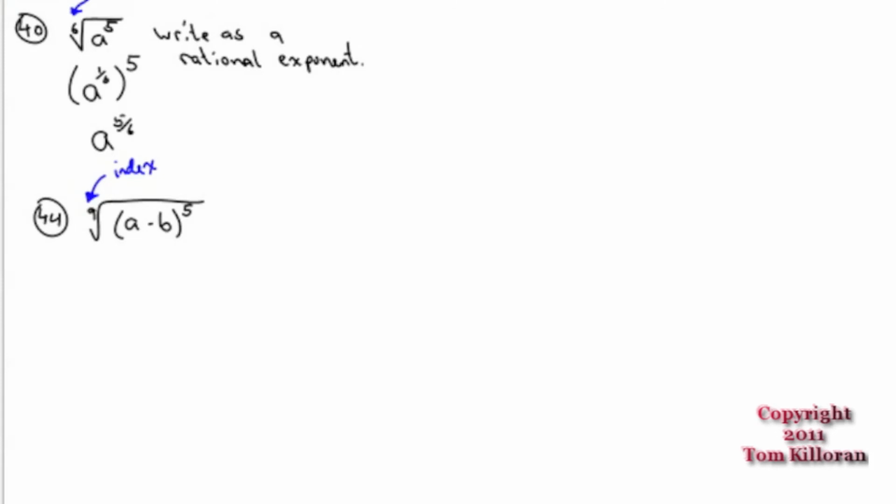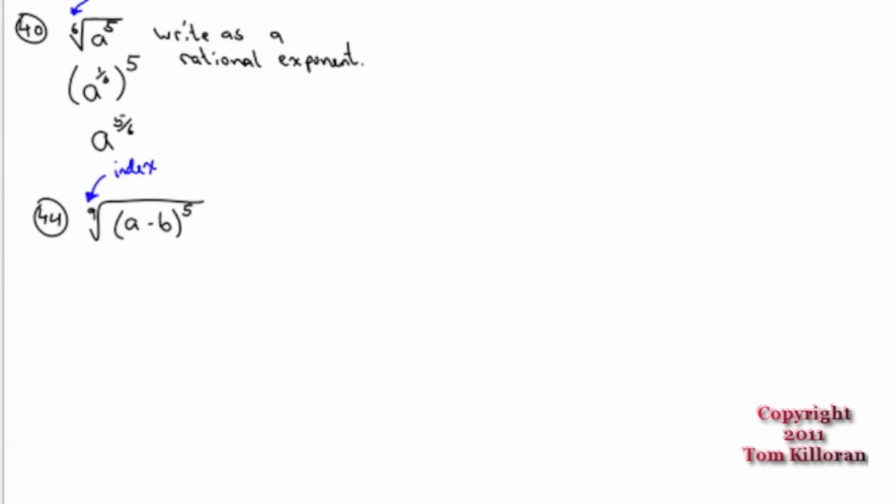If you forget your index, you're automatically saying it's a square root. What's the index of a square root? 2, but you don't write it. It's just understood. But if you forget to write your index, you're actually changing the answer because the square root of 8 and the cube root of 8 are two different numbers. Square root of 8 is close to 3, whereas the cube root of 8 is 2. So they're different values.